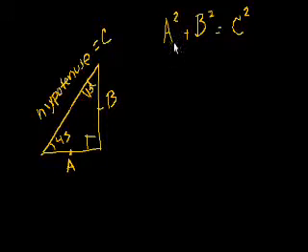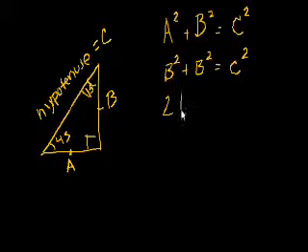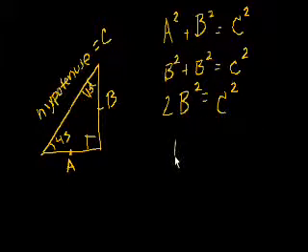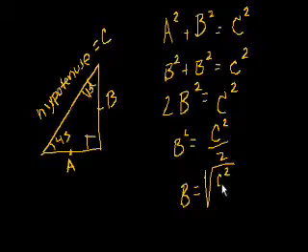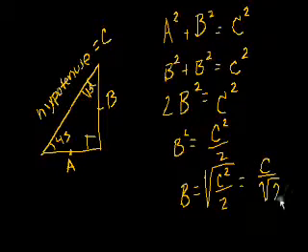So we could substitute A for B or B for A, but let's just substitute B for A. So we could say B squared plus B squared is equal to C squared, or 2B squared is equal to C squared, or B squared is equal to C squared over 2, or B is equal to the square root of C squared over 2, which is equal to C, because we just take the square root of the numerator and the square root of the denominator, C over the square root of 2.